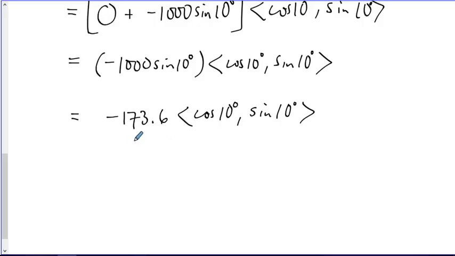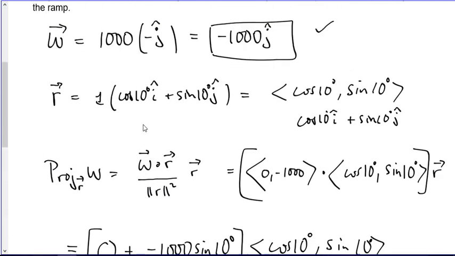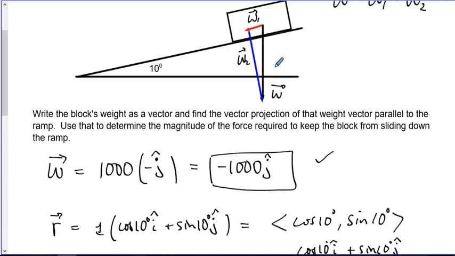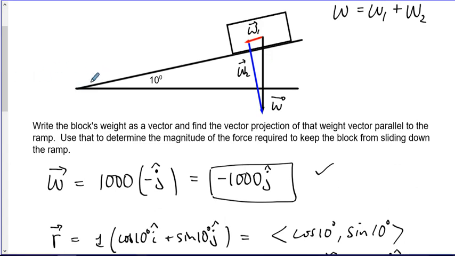What I have here is, I know that it's 173 pounds of force in the opposite direction of the ramp vector. That's W1 that I was trying to find. Right? Ramp vector is here, right? That would be the ramp vector, and W1 is in the opposite direction of that ramp vector.